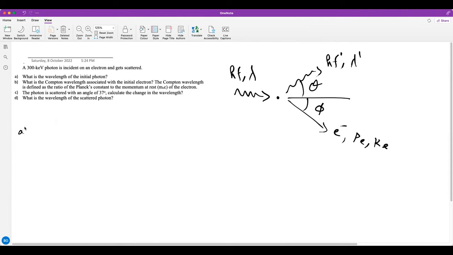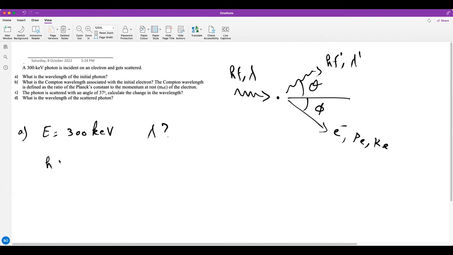So the first question is, what is the wavelength of the incident photon? We know that the energy of the incident photon is equal to 300 keV, and we would like to calculate lambda.